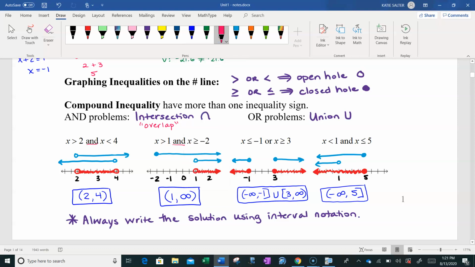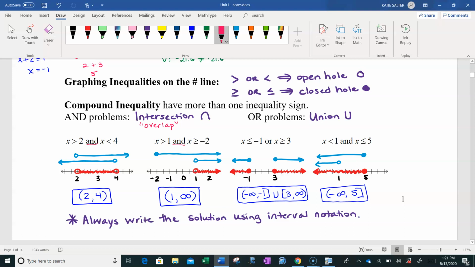So in this case, they only end up intersecting from 1 to infinity, not including 1. So that's why we have a parenthesis at 1, and then we put infinity. Anytime you use the symbol negative infinity or positive infinity, we always use a parenthesis, not a bracket, because infinity is not a specific number, it's more of an idea.